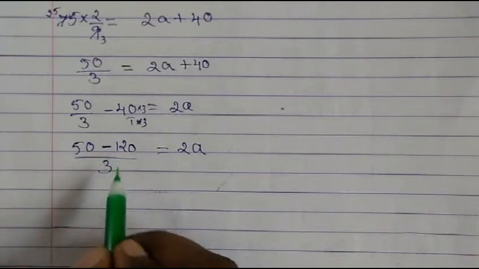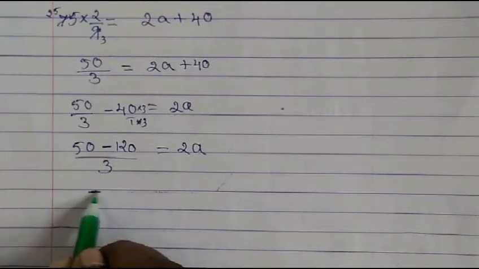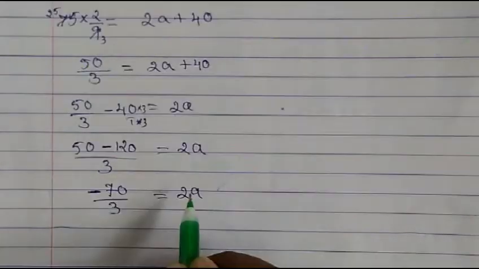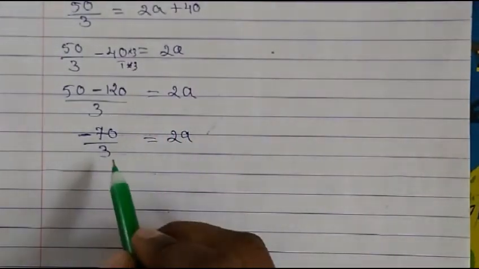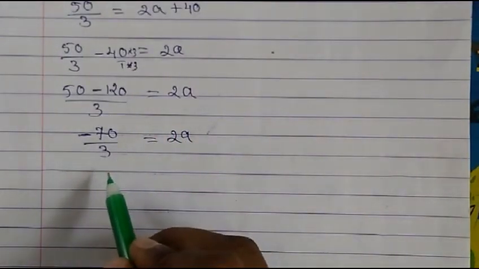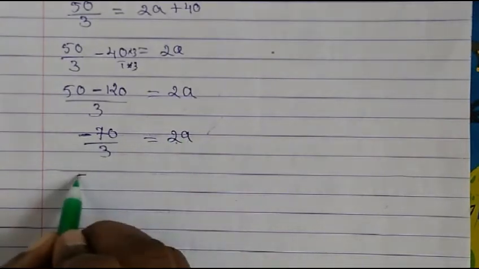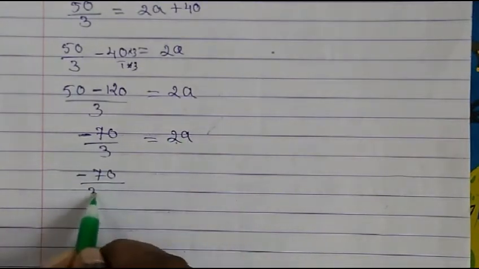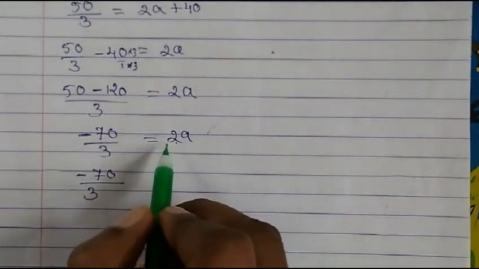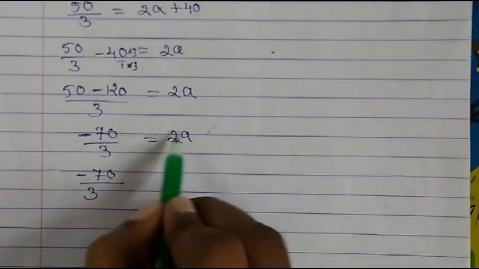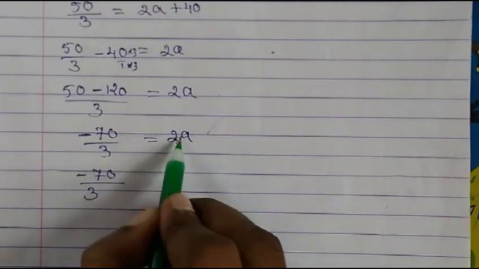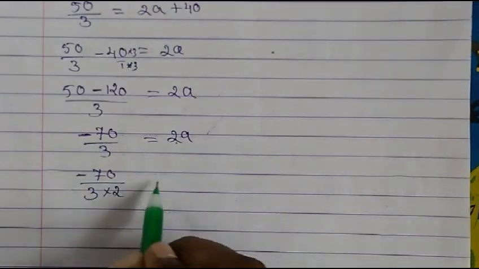From 50 minus 120 we get minus 70 upon 3, equal to 2a. Then we have 2 here, so let's bring 2 to this side, minus 70. This is in multiplication, so when it comes here it will become division.